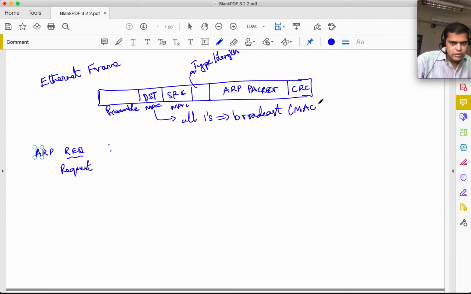Okay, so we already know that all ones in the IP layer corresponds to broadcast. Here we are putting all ones in the destination, so everybody is going to receive this particular frame, and they're going to pass it up to the higher layer. Okay, so what does the ARP request contain? So we are talking about this part over here. This would be the ARP request.